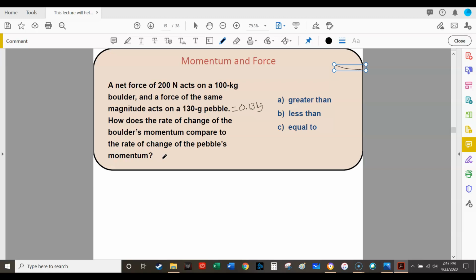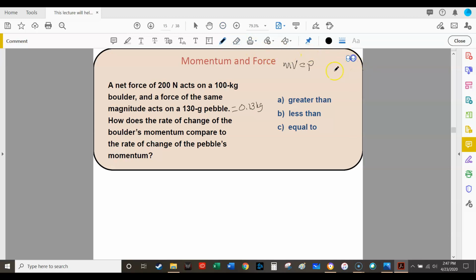And try to use all the stuff that we were doing before to try to answer this question and give it your best shot. So hit the pause button now. Okay, well, whenever I see force, kilograms, and momentum, I think mass times velocity, and that's momentum.